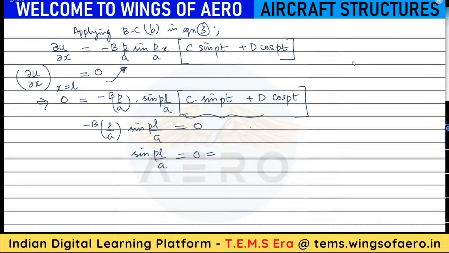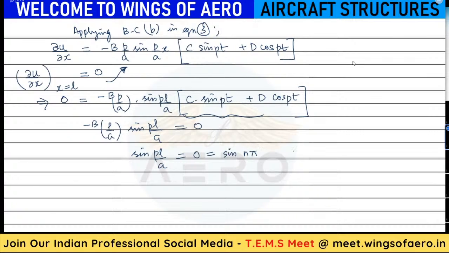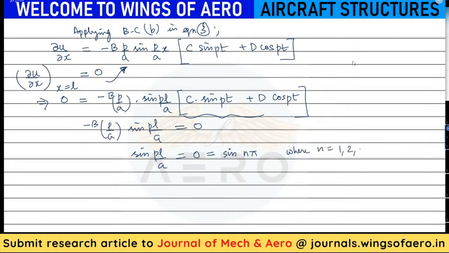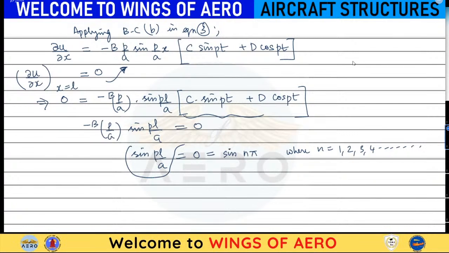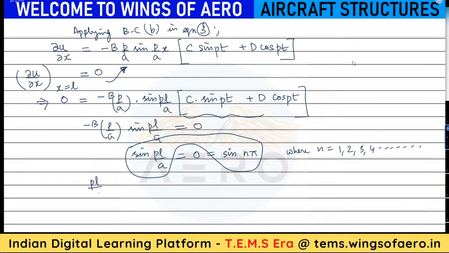So can I write here sine n pi, where n becomes either 1, 2, 3, 4, and so on, any kind of integers. So if I equate this and this, what I get is pL by a equals n pi.